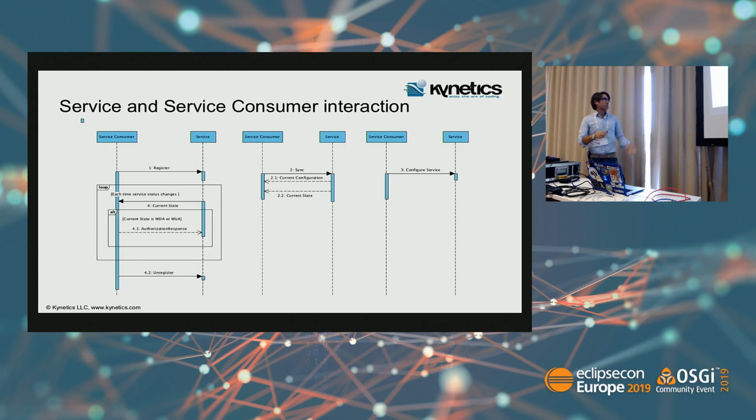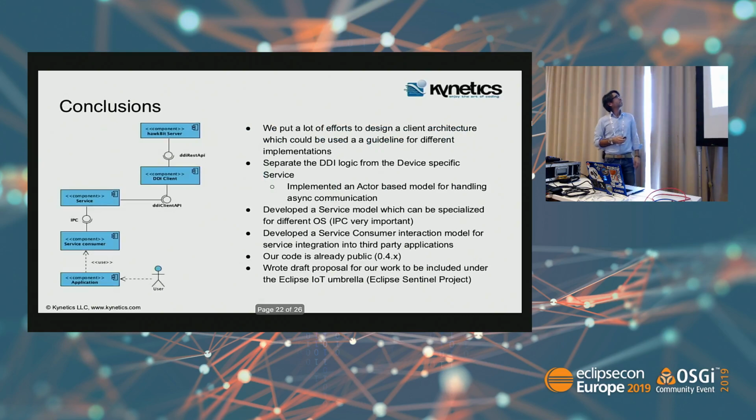Yes or no. Of course, between the service consumer and the service, you have the sync message, and so you return the current configuration and the current client state, right? So we have, remember, idle, downloading, and updating. And of course, you can configure the server from the service consumer. So you have calls to set the connection parameters, and everything is configuration for the hawkBit server.